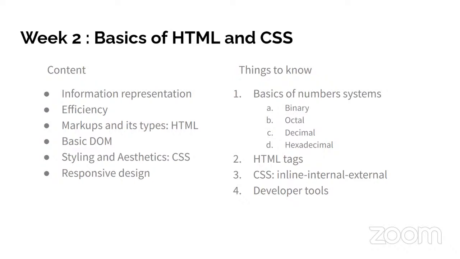Then there is CSS. You give some styling, but there are ways in which you can embed styling into your HTML document. There are three different ways: inline, internal, and external. Based on their hierarchy, as in the precedence, which one will be given weightage over the other, we define styling. No matter what happens, maximum weightage is given to inline. Talking about internal and external, it depends on where they appear in the document.